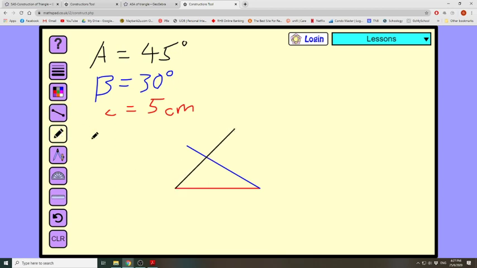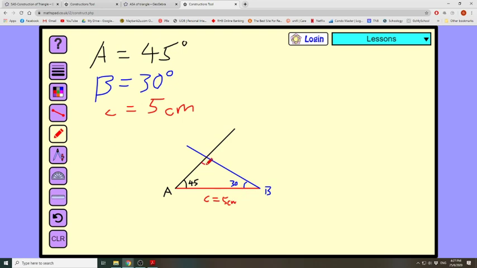If you notice, the angle here is 45, whereas the angle here is 30. So this is B, this side is A, whereas the length C is 5 cm.